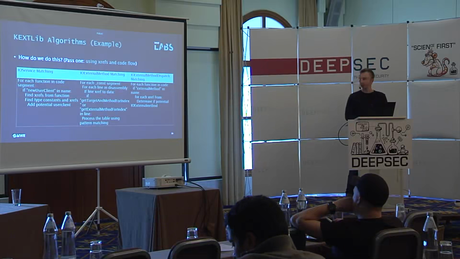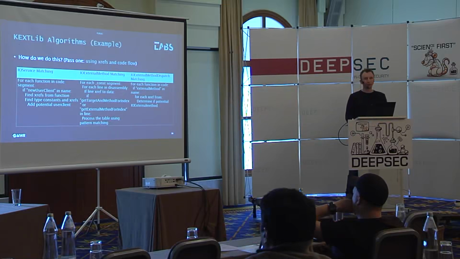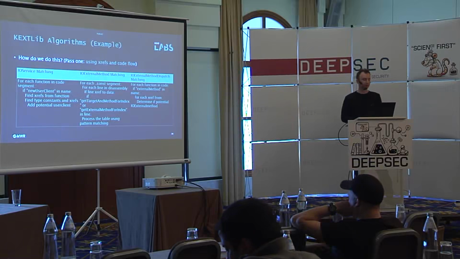I used two approaches for this. The first approach was essentially using code cross references and code flow analysis. So when I was matching things like I/O services within the binaries, I would loop through each function within the code segment of the binary. If it contains new user client in the name of the function, then I would find all cross references from that function.